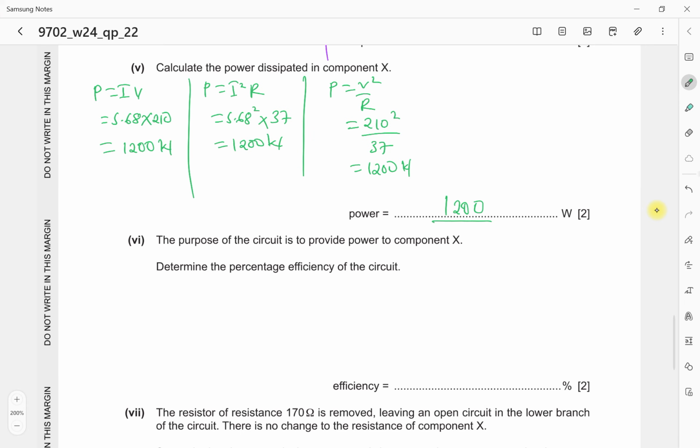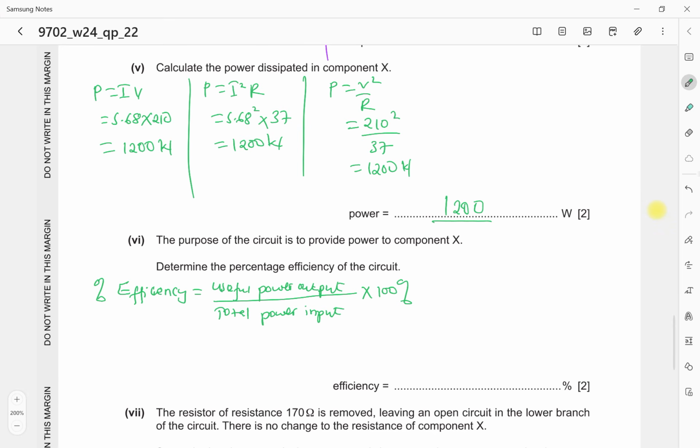We can find the total input power, because we know that percentage efficiency is equal to the useful power output divided by the total power input, times 100 to make it a percentage.